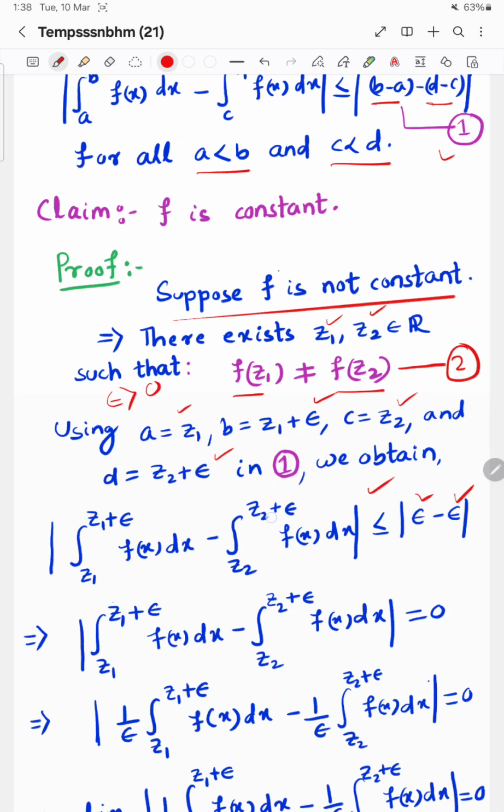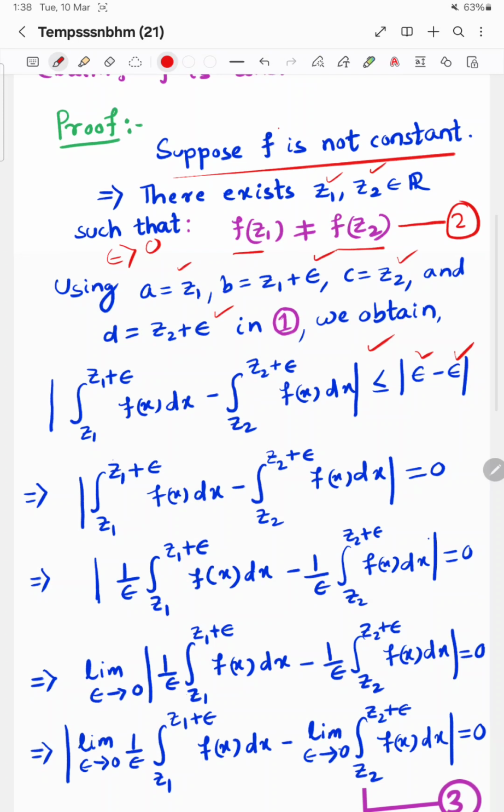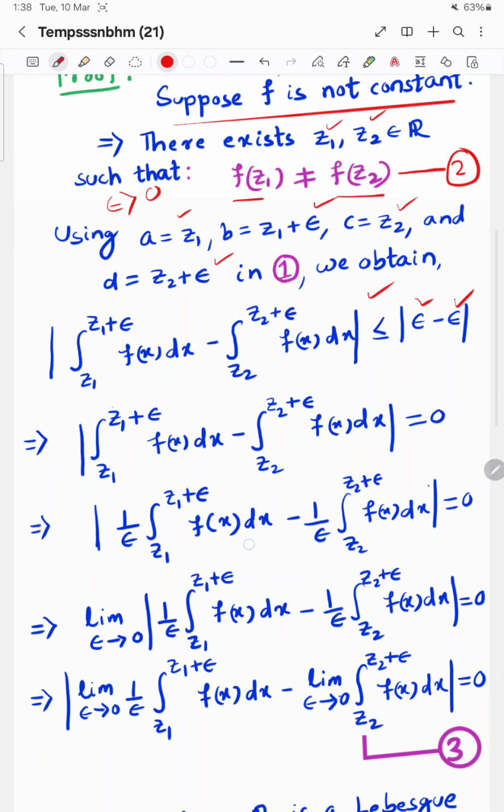I hope that up to this point everything is clear. This quantity is nothing but 0. We are getting that this quantity is less than or equal to 0, but since it is a modulus, it is also greater than or equal to 0. Therefore this quantity itself is 0.